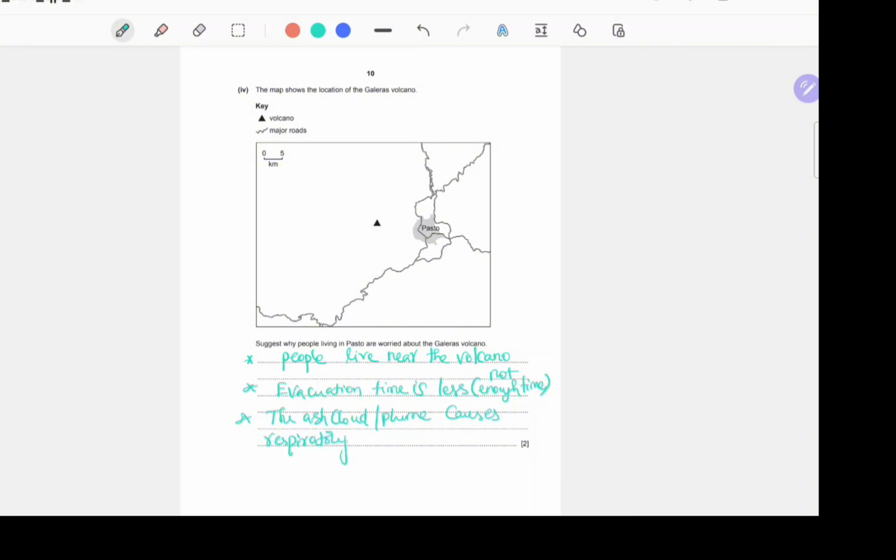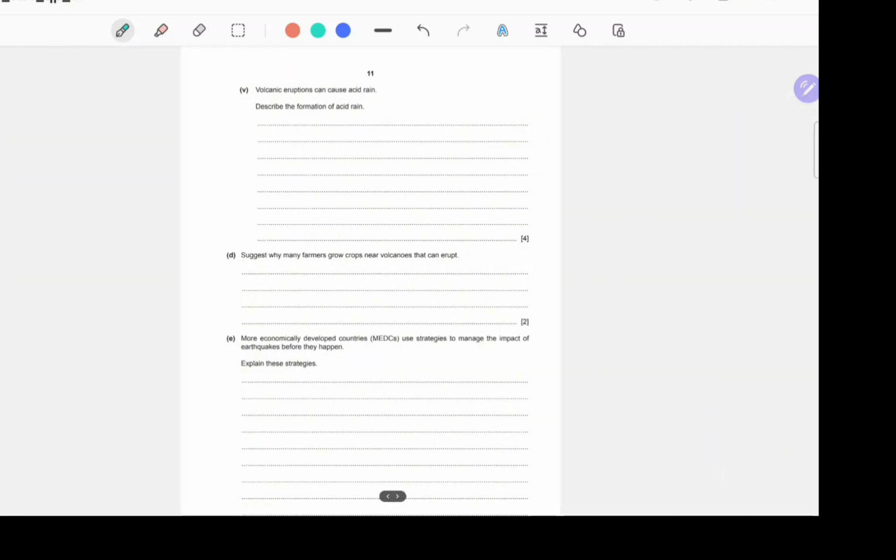Some people it may cause death also. And if you want to continue, damage to properties, roads, and finally agriculture crops can be written.